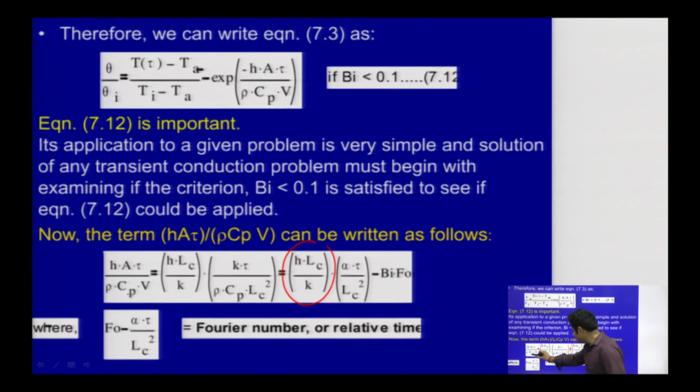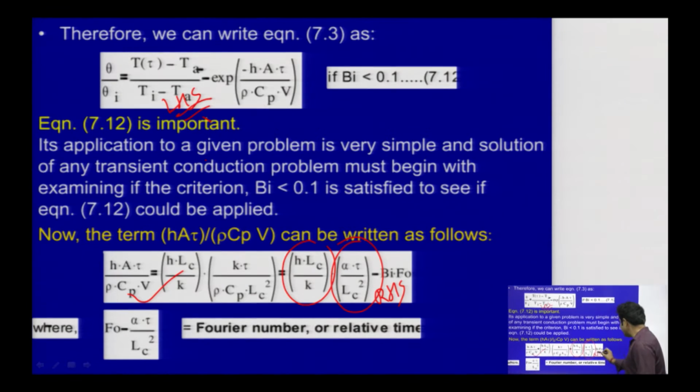So this equation can therefore be written as hL by k into alpha tau by Lc square. This is the RHS, and the LHS remains the same.